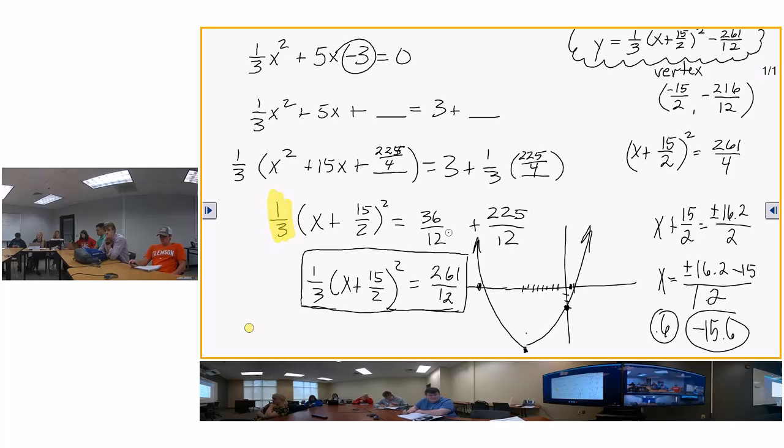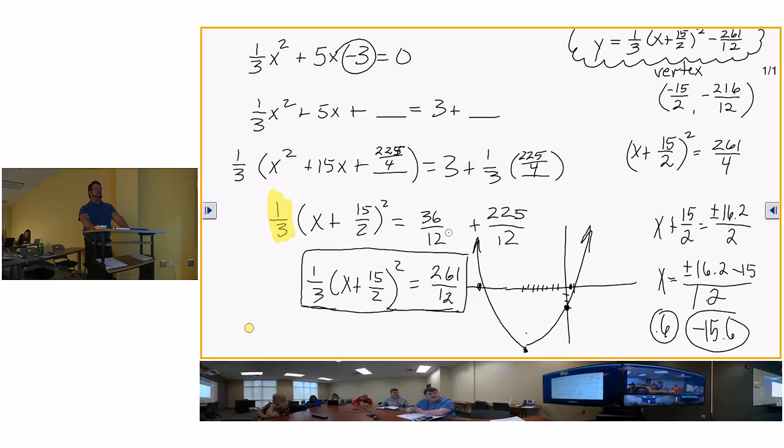What is the domain? No, that is not right. What is the domain? All real numbers, because it's not a fraction or a radical. And if it's not a fraction or radical, usually without direction from the instructor or the directions, it's going to be all real numbers.